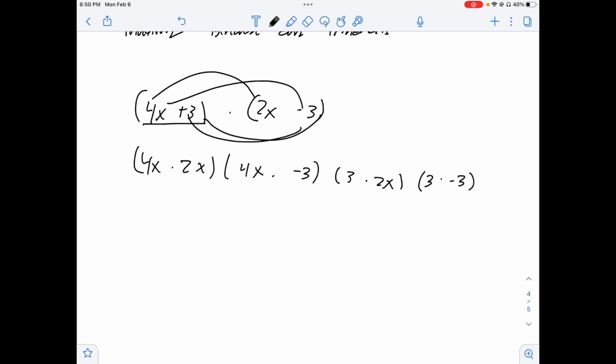Then that would come out simplified to 8x^2 minus 12x plus 6x minus 9. So we have like terms, which come out to 8x^2 minus 6x minus 9.